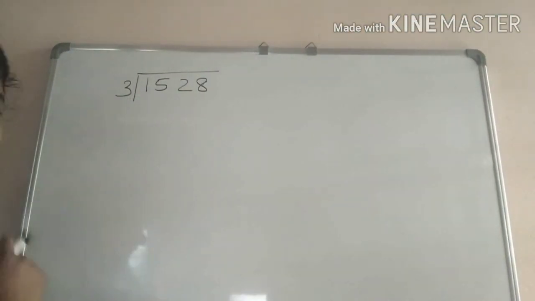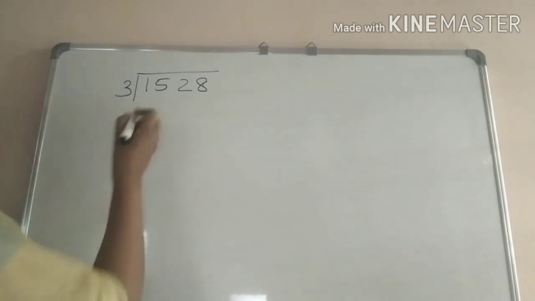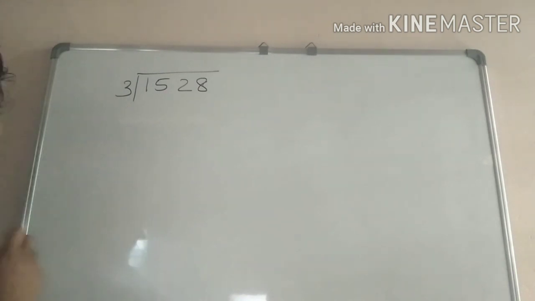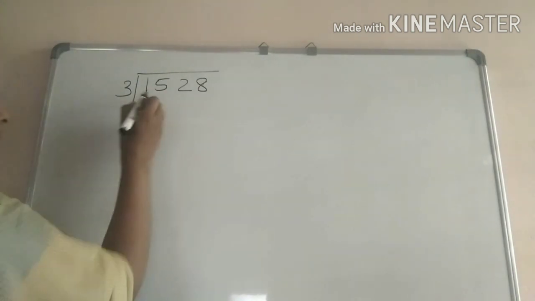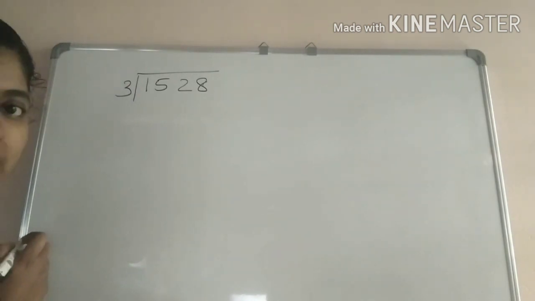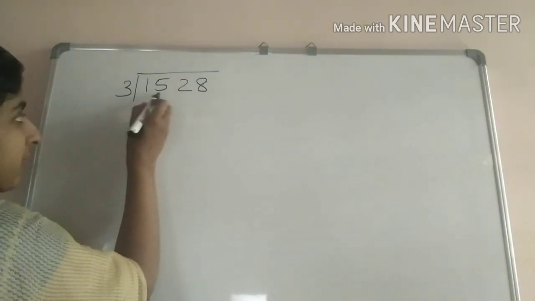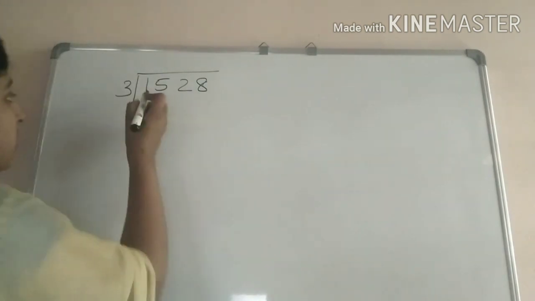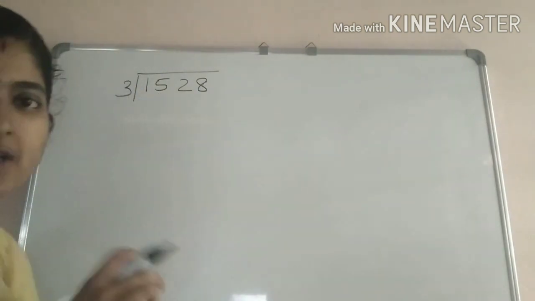1 is divisible by 3? No. Because this 1 is a smaller number comparing to this divisor. Isn't it? So we take these two numbers together. That is 15 divided by 3. Yes, it is divisible, isn't it? So, how many times? 15 has how many 3's?